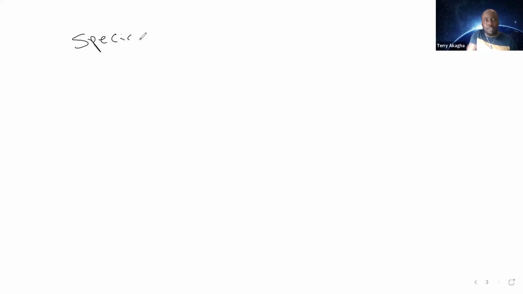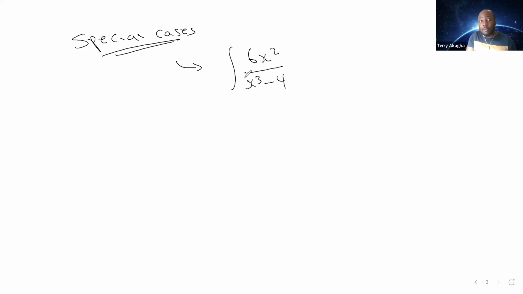It looks similar, but it is not exactly the same thing. So for instance, if I ask you to integrate 6x squared all over x cubed minus 4. Now, when you differentiate the denominator, it's going to give us 3x squared, but not 6x squared. How will you go about this?